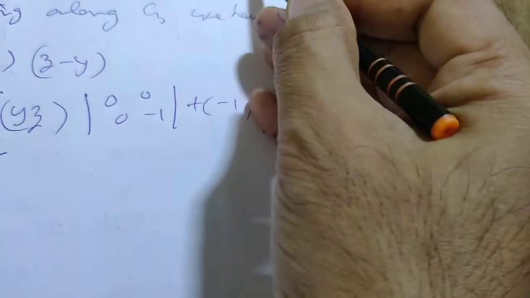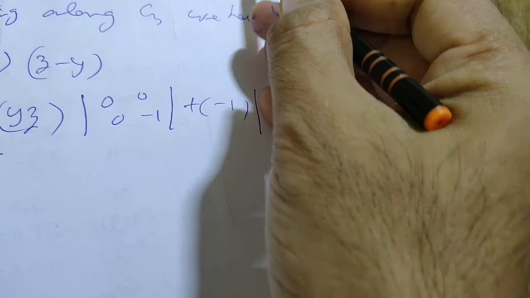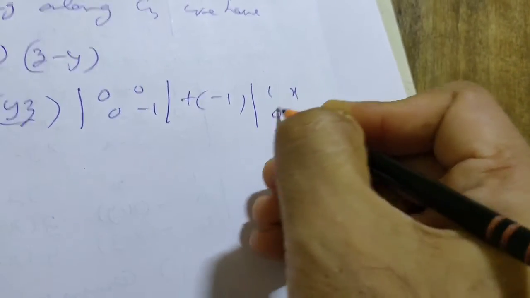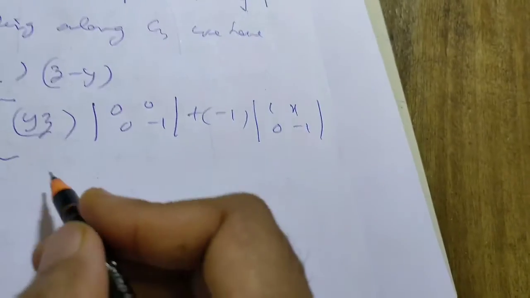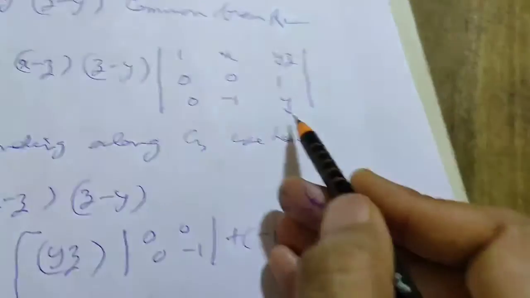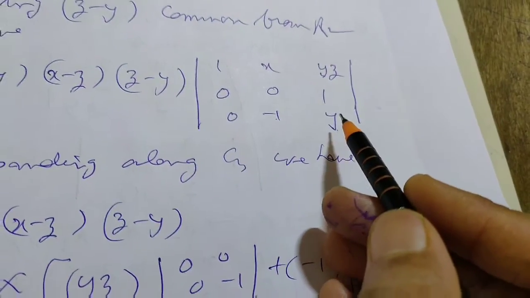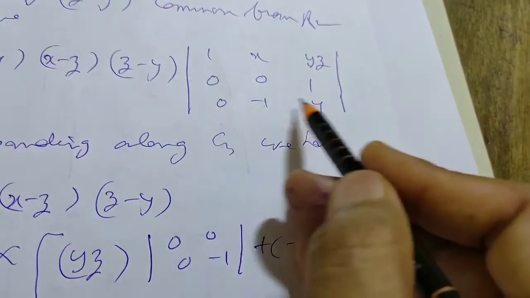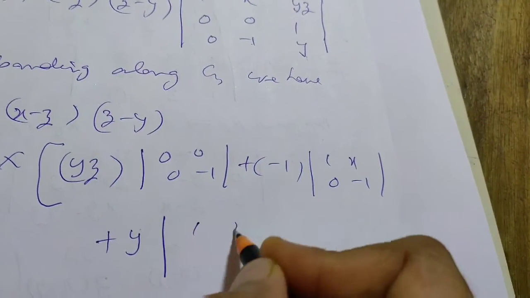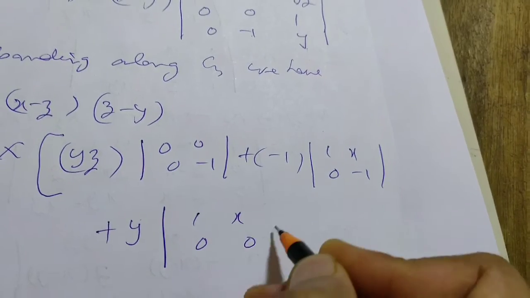So this is row 2 and column 3. So remaining will be 1, x and 0, minus 1, then plus y, third element is y of column number 3, and cancelling all the other elements of the row and the column in which it lies, remaining will be 1, x and 0, 0.